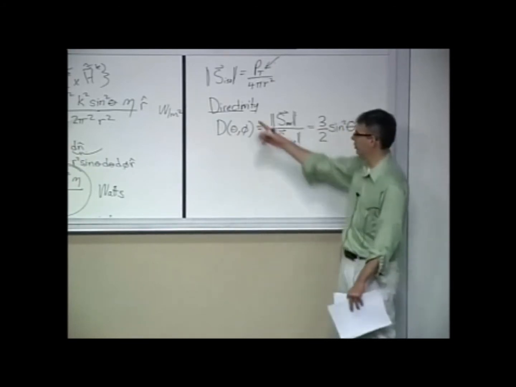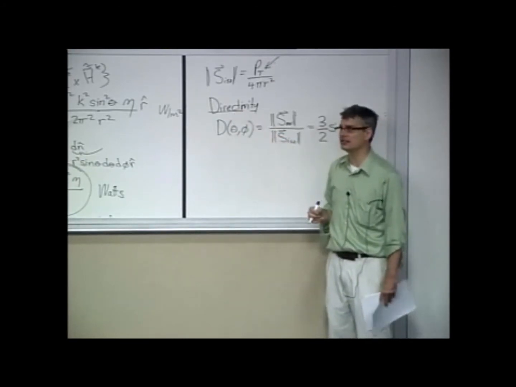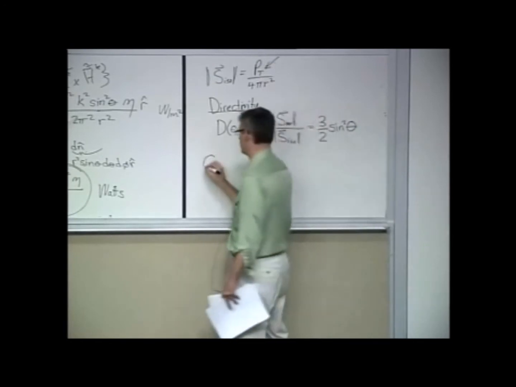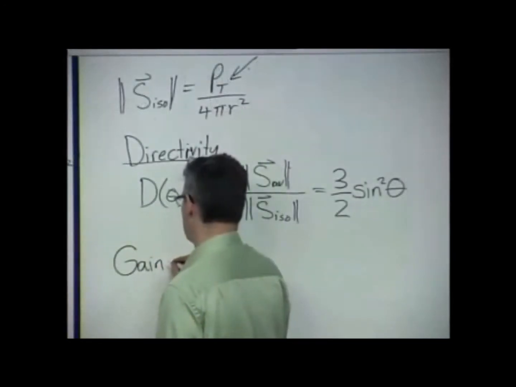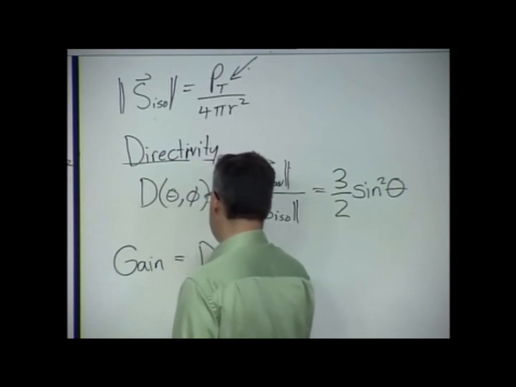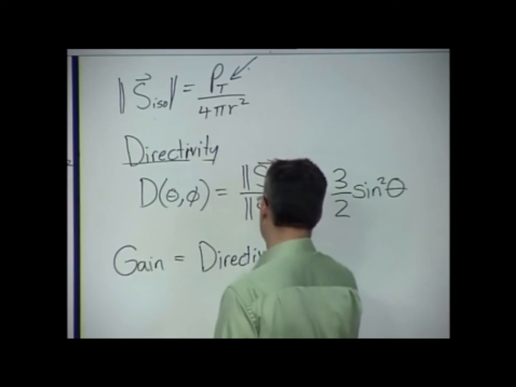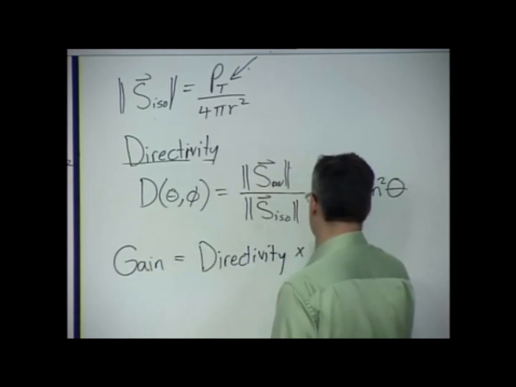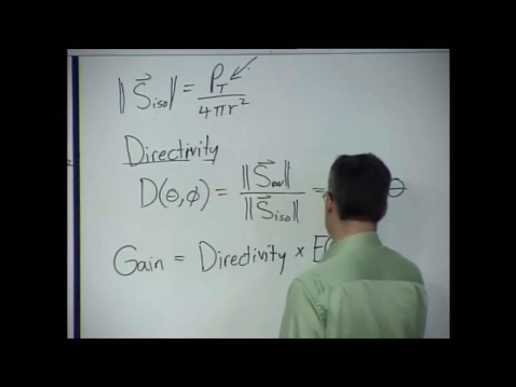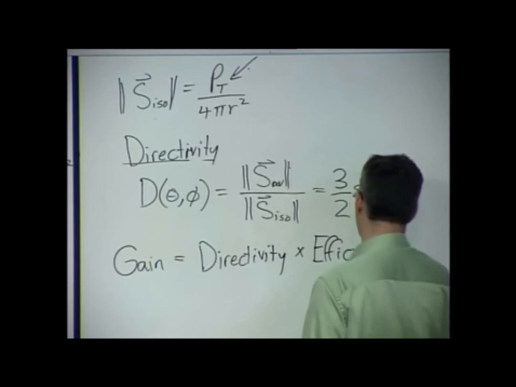Now, you'll notice that I called this directivity. I haven't called this gain yet. Gain in a radiating system is equal to directivity times efficiency, where efficiency is always less than 1.